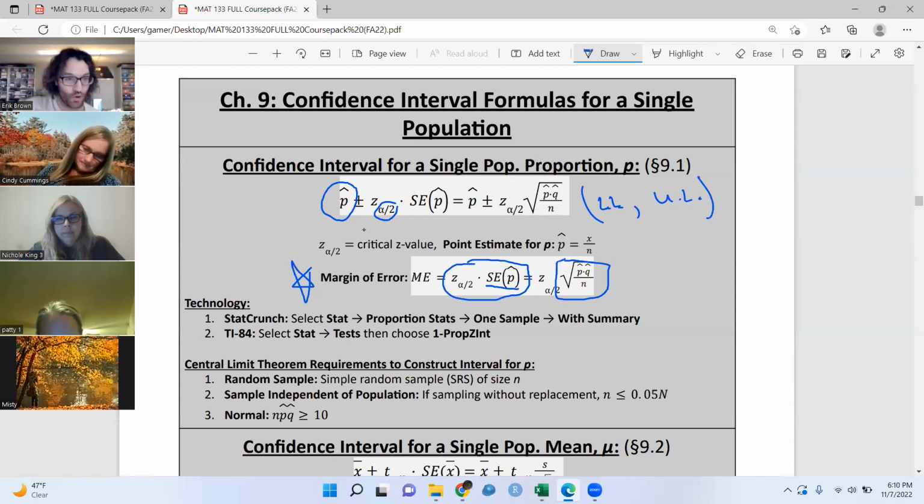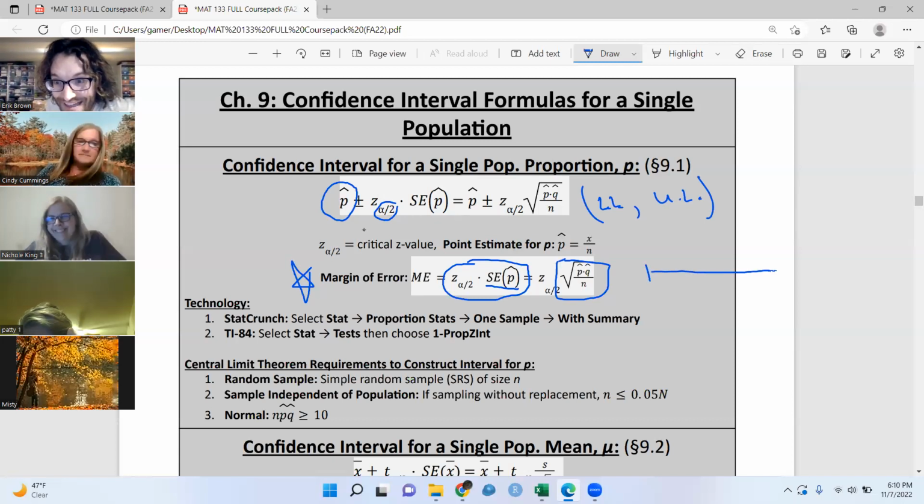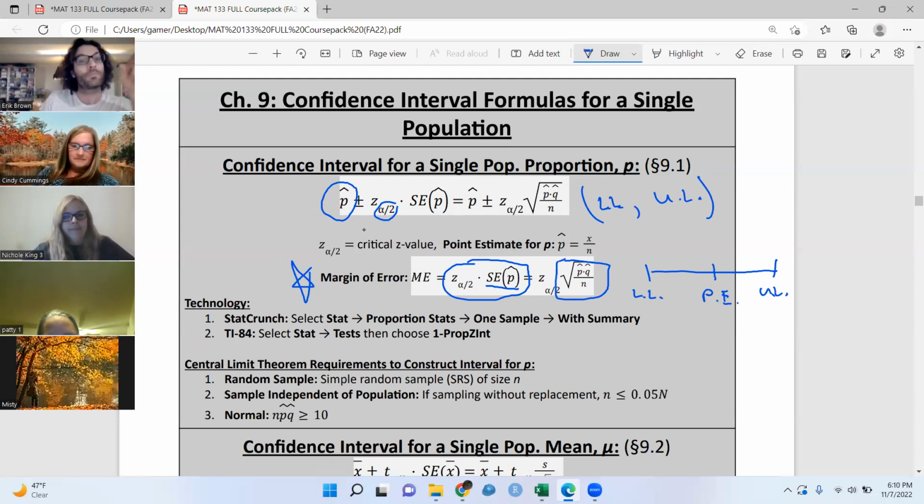So, is this ringing bells? Is this just getting you pumped? The confidence interval is a number line, right? It can be written as lower limit, upper limit, and right smack dab in the center is this point estimate. The thing you've just been asked to calculate, called the margin of error, is the distance between the center and the upper limit.